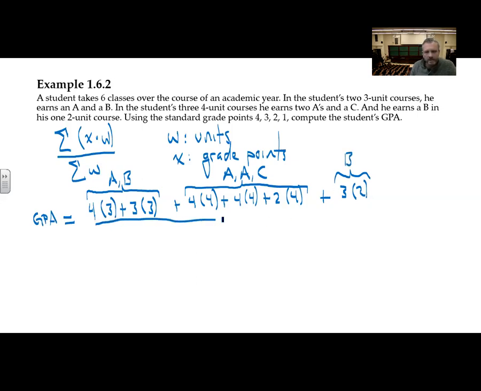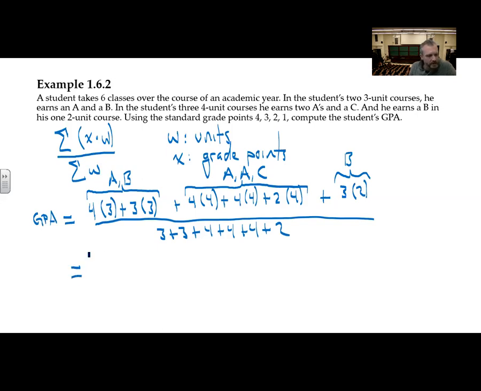And then of course we're going to take this and divide it by, well, 3 plus 3, those are his 2 3-unit courses, 4 plus 4 plus 4, those are his 3 4-unit courses, and then he had his 1 2-unit course.